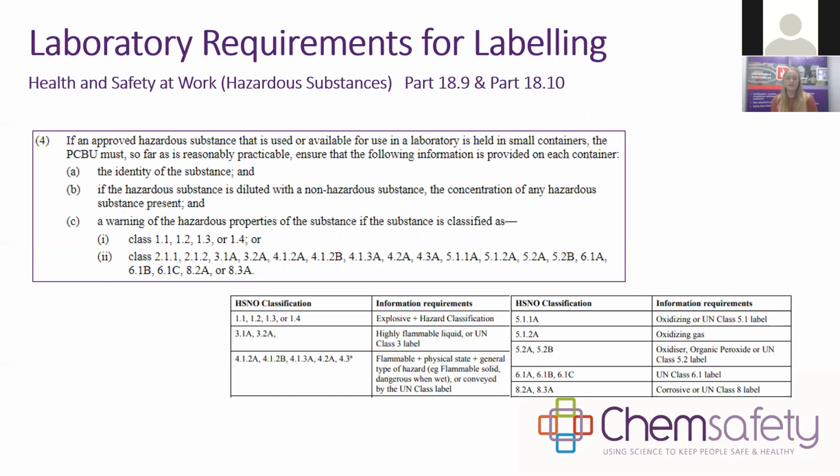If the substance is unapproved and that information isn't available on the assessment sites, then the PCBU needs to provide all the hazard information that is available. So on the screen now, you'll see a warning of the hazardous properties of the substance if it's classified as any of these classes. So it's not applying to every HAZNO class, but these main ones as listed.